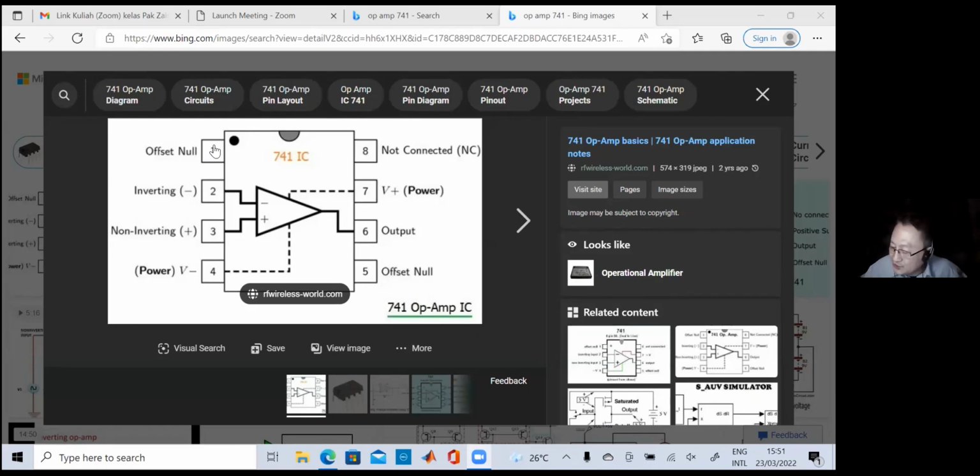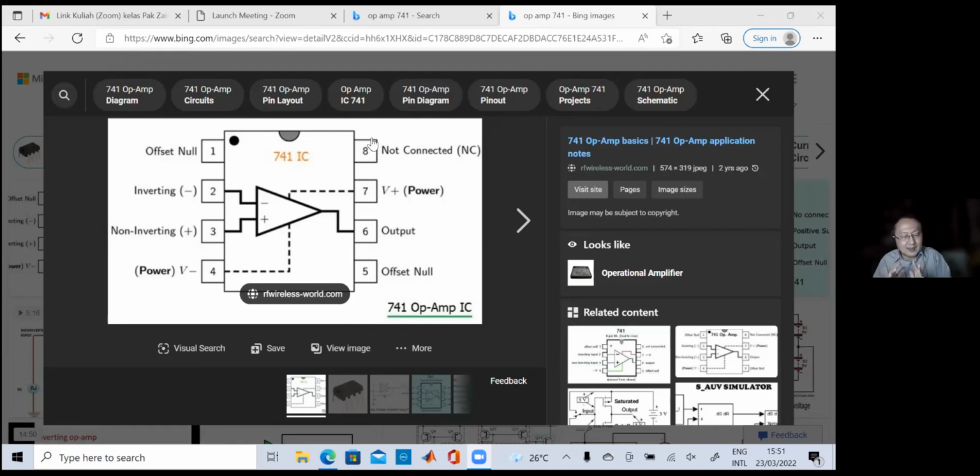If you see it from the top, you will see a notch, something like this, and then you start counting the pins from here: number 1, 2, 3, 4, 5, 6, 7, 8.